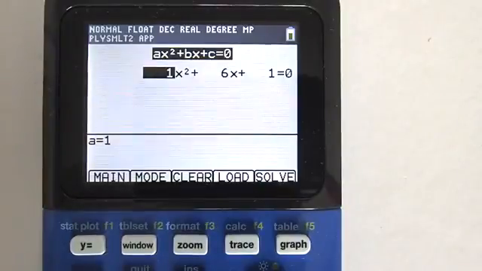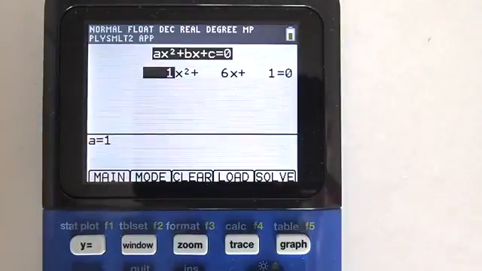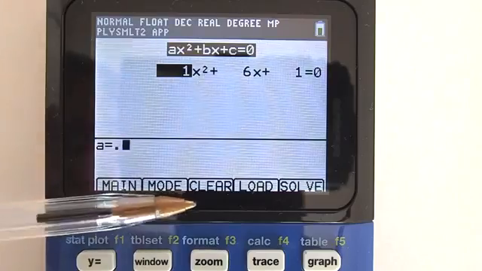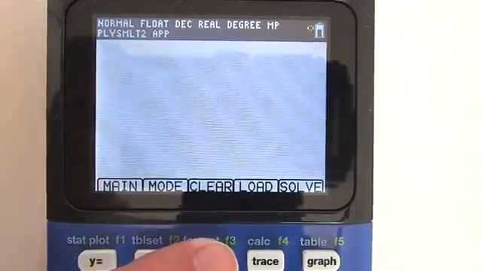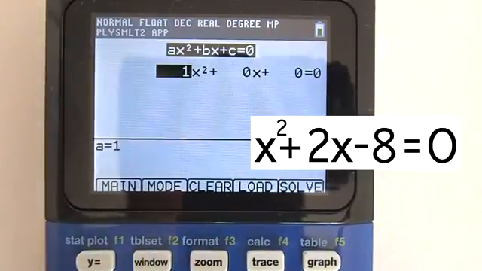This screen pops up, and this is where we enter our equation. The calculator shows a previous equation that I was working with. To clear it out, press the Clear tab here by pressing the zoom key. Our quadratic equation was x squared plus 2x minus 8 equals 0.